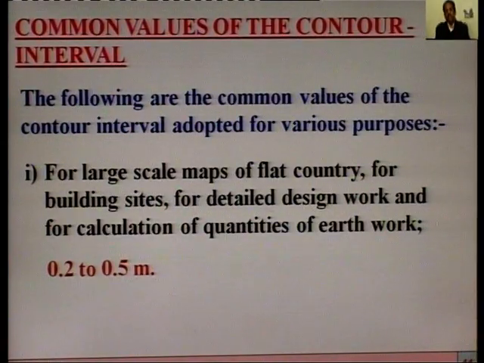So, what are the common values of the contour interval? The following are the common values of contour intervals adopted for various purposes. For large scale maps of flat country, for building sites, for detailed design works, and for calculation of quantities of earthwork, it is generally 0.2 meter to 0.5 meter.